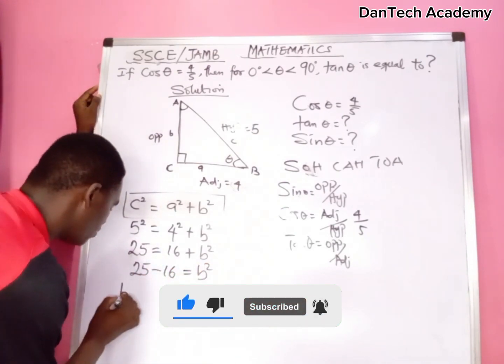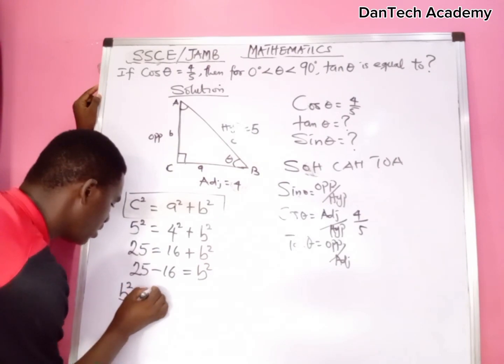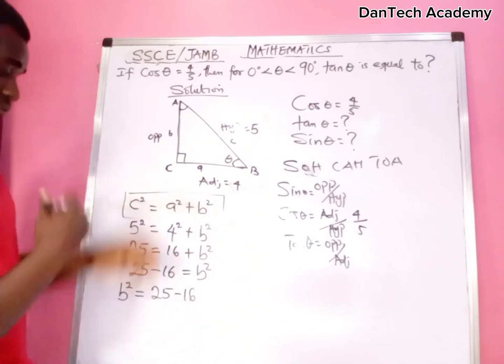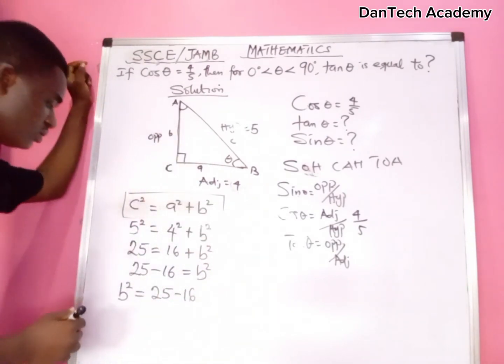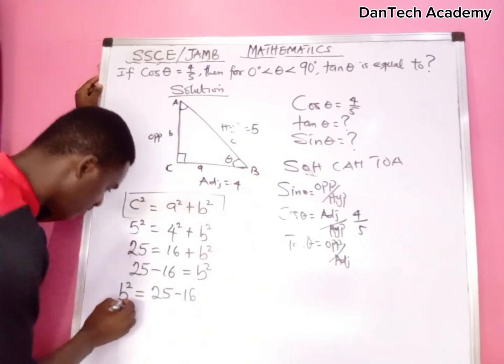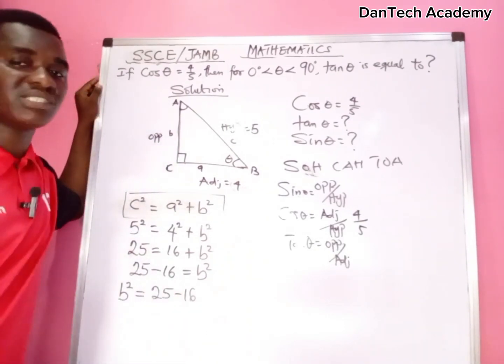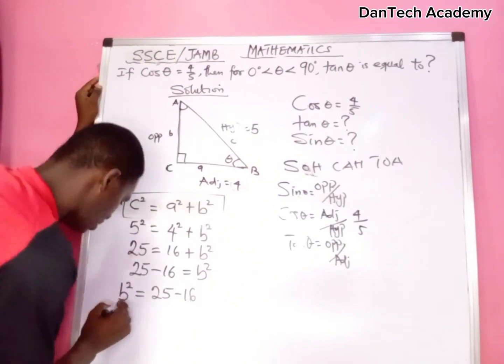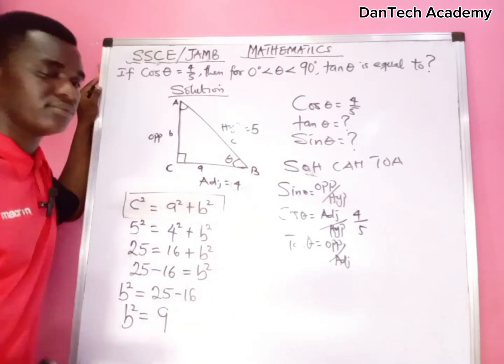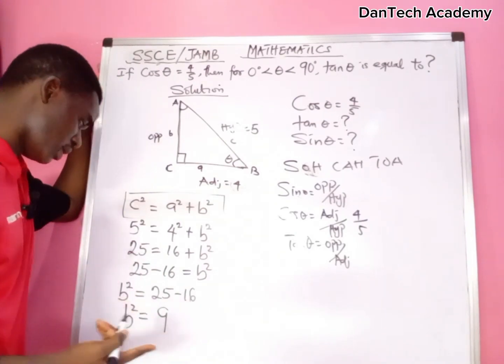Or in other words, I could write it this way. Okay, so I just turned it. So what do I have next? I have 25 minus 16. That's giving us 9. So b square equals 9. Right? Is it 9?